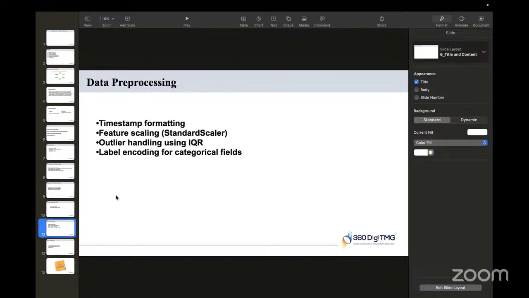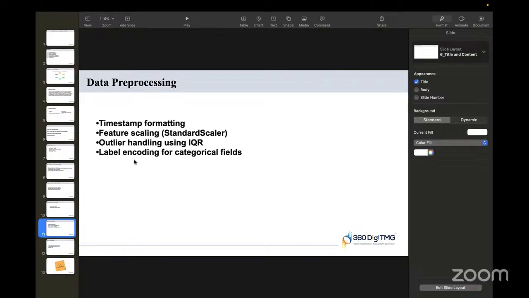In data pre-processing, we went through many things. As I said, we did box plot analysis in EDA, and for pre-processing we used the IQR method. Whatever outliers we had, we treated them with visualization, and for some columns where only one or two outliers were there, we used the trimming process. For different columns, we took different approaches.